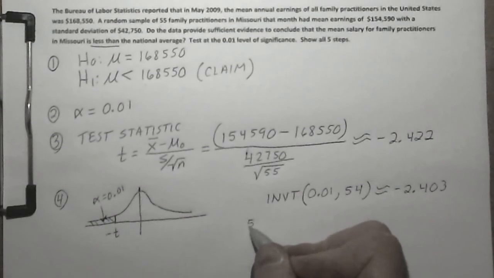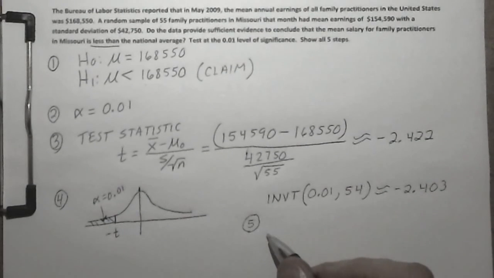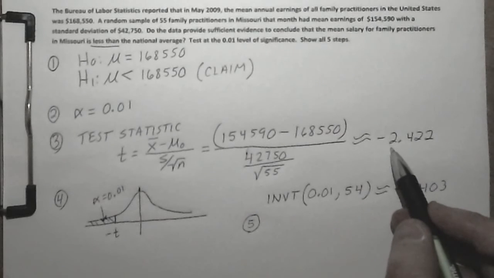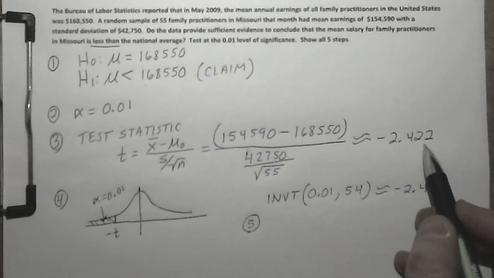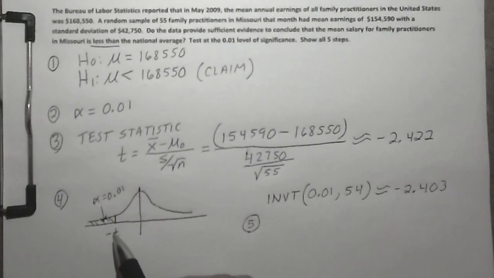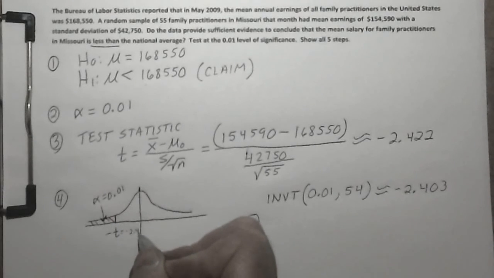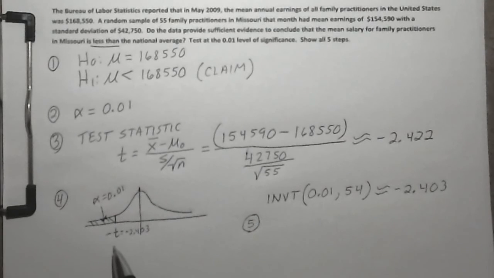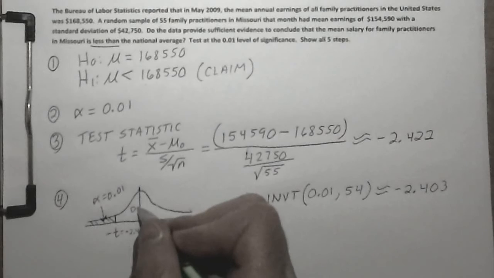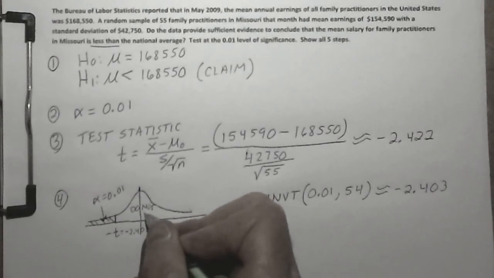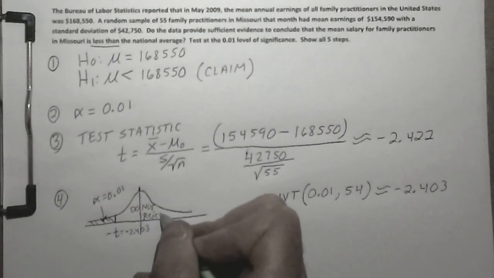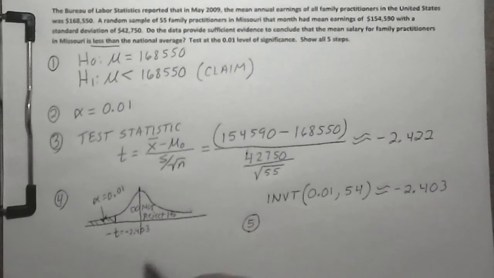Now, ladies and gentlemen, we're ready to make a conclusion regarding our test. All we have to do is go back to our test statistic, which is negative 2.422, and ask ourselves, where does it fall? Does it fall in the rejection region or the acceptance region? Well, the cutoff value, the critical t-value that separates the lower tail rejection region from the rest of the curve, which is the do not reject the null hypothesis region, is negative 2.403.